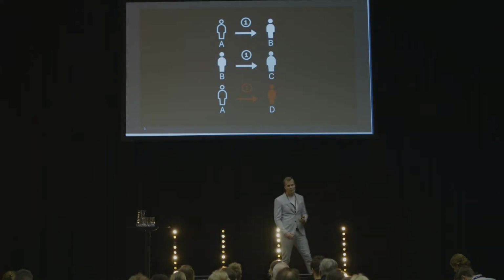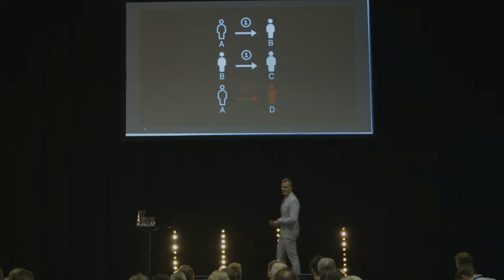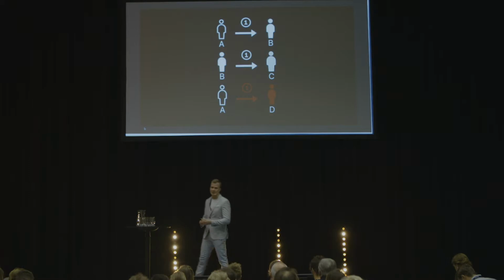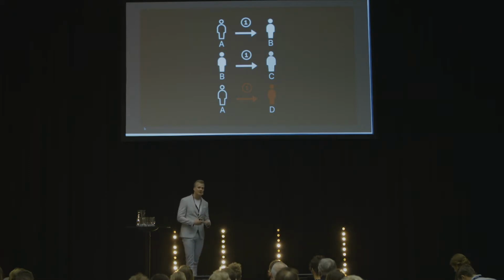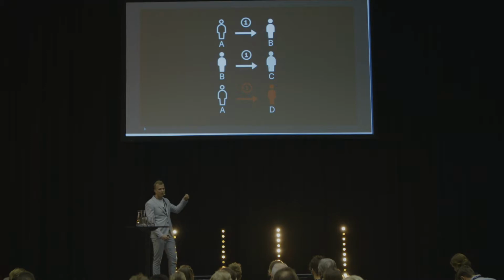Now, what we want to achieve is to do this in a decentralized way. What do I mean by decentralized? I mean that we build a system where nobody has to trust anyone else. And I mean that anyone can send a transaction as long as they have the right to do so, and the right to do so is that they have something to send in the system.